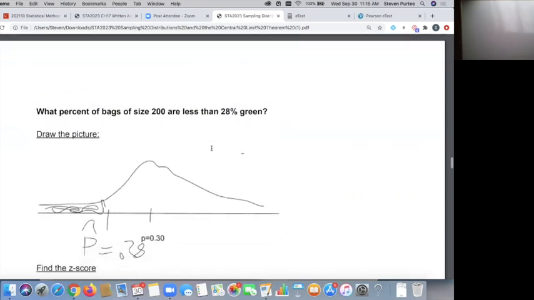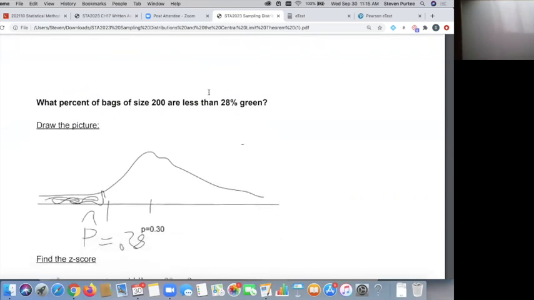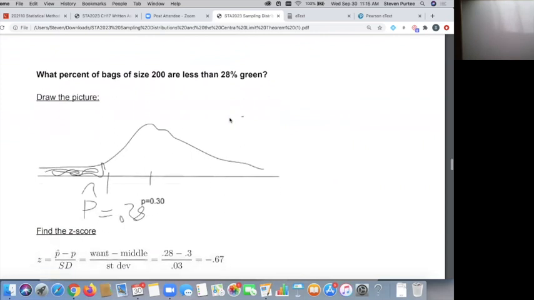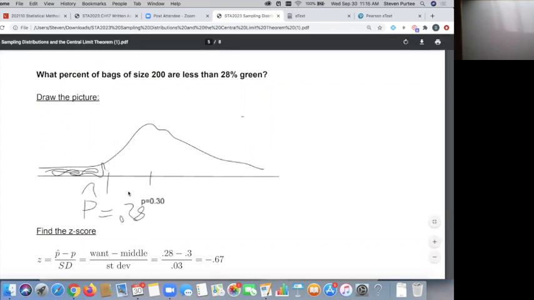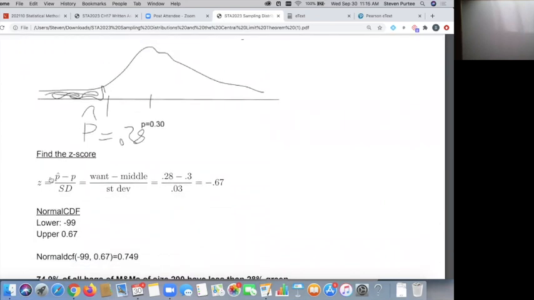Okay, what percent of bags would have less than 28% green? So we draw a picture, our p hat that we're after, our sample success rate is 28%, said less than, so we're going to shade below. Find our z-score, the one we want, minus the one in the middle over the standard deviation.